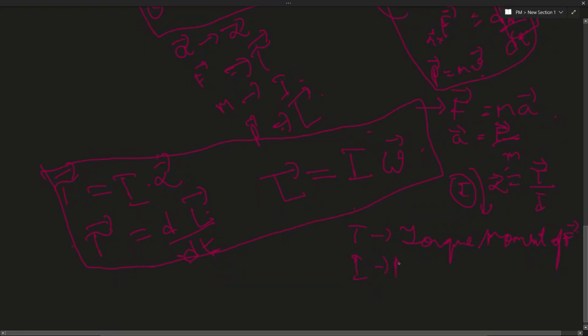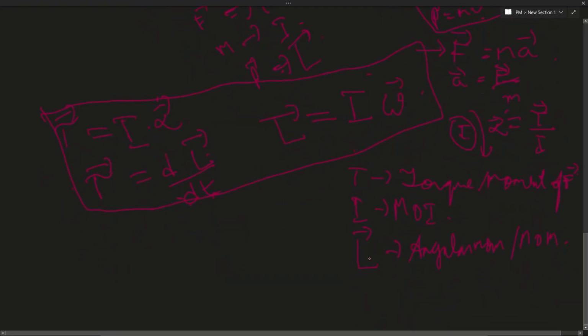I is moment of inertia, and L is angular momentum or moment of momentum. So when we talk about these three, I will give you a brief description of these three, but we will discuss them in detail in the next few videos.